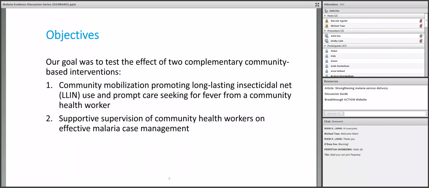The second objective was to introduce supportive supervision of community health workers on effective malaria case management. As you will see coming ahead, they were combined in one arm to introduce more effective ways of behavior change.